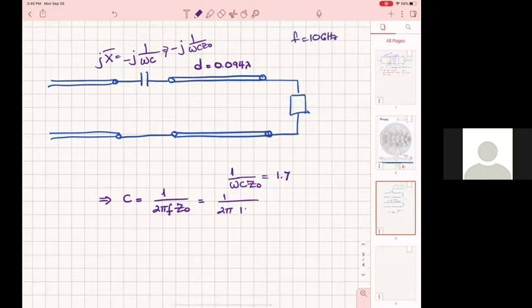So that's going to be 10 to the 10 times 50, and that's going to be about 10 to the 12th pi, which is 10 to minus 12. And then how much is 1 over pi? It's 0.3 something.